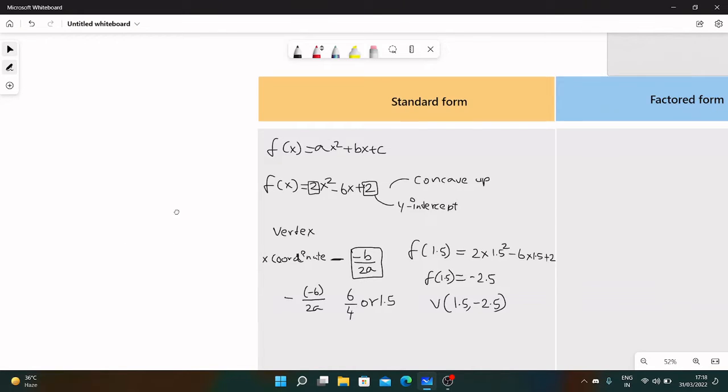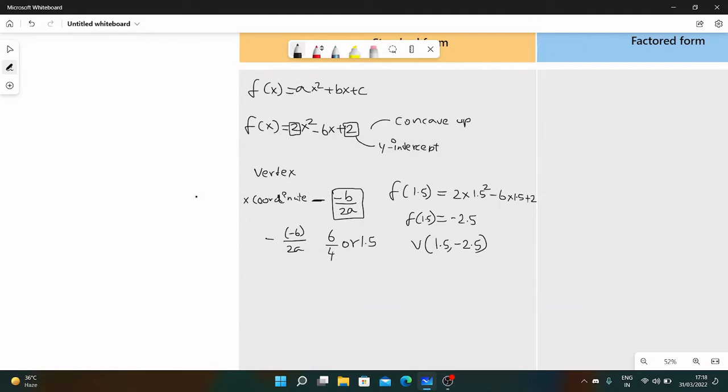Now let's move on to the x-intercept. We know how to find the y-intercept. We're going to go to the x-intercept now. To find the value of the x-intercept, all we have to do is equate this function to 0.